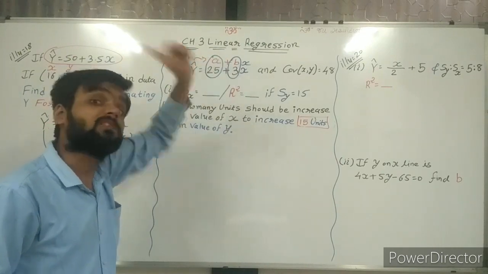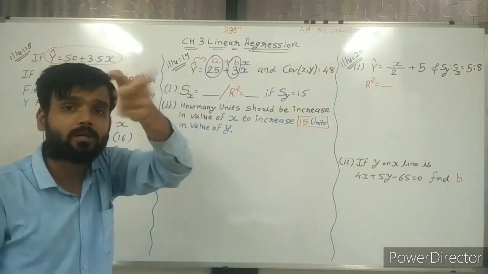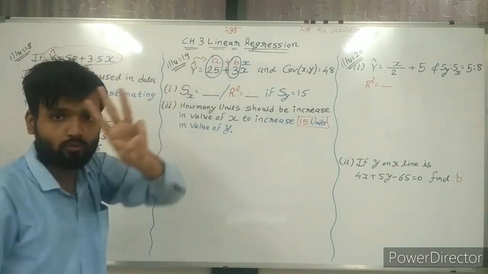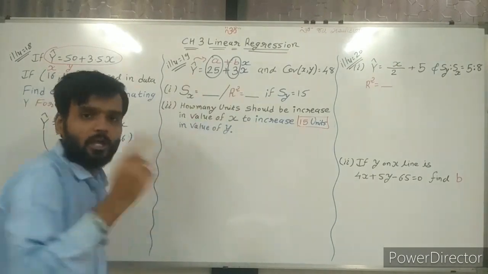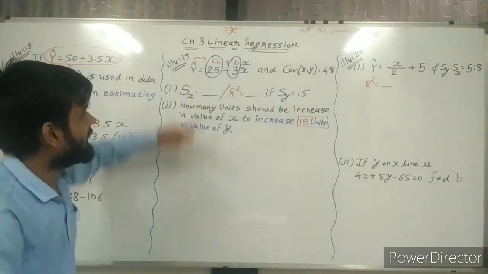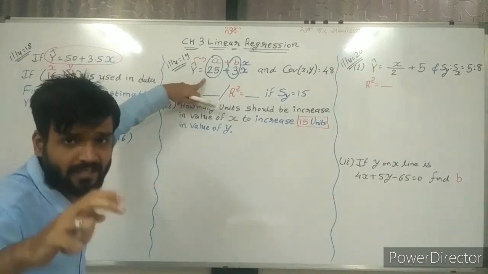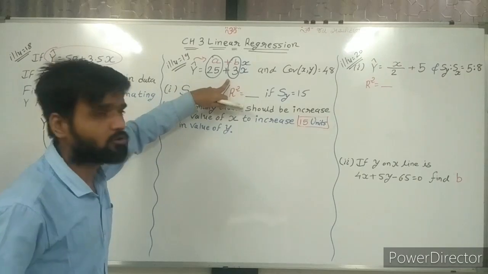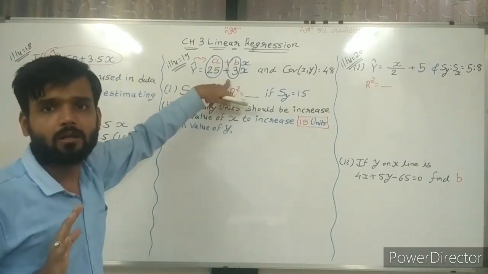If signs are different, then b is equal to negative. But here sign is same, so b is equal to 3. So by using this equation, we can find two values directly: a is equal to 25, that is my first value, and b is equal to 3, that is my second value. That we know very well.